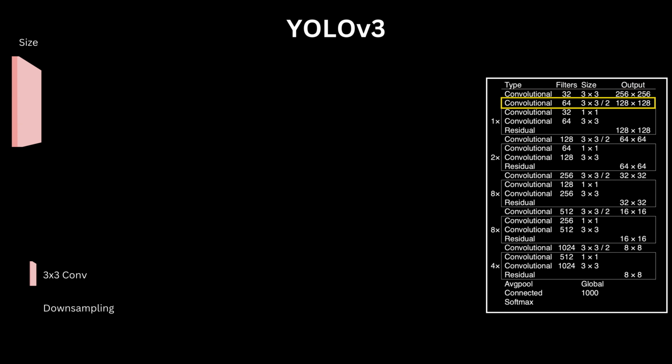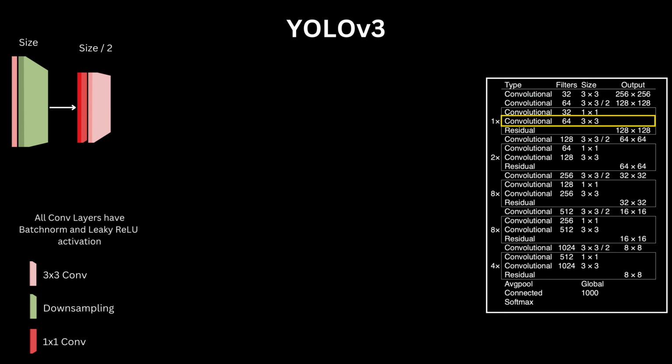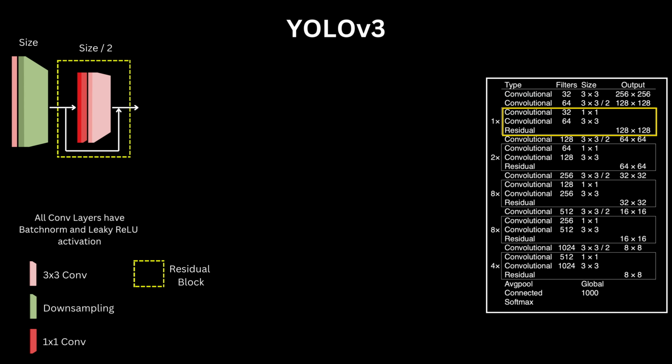Then we have a downsampling convolution. Post that, we have our first residual block, which is 1x1 convolution layer to reduce channels, followed by 3x3 convolution layer, and a residual connection.